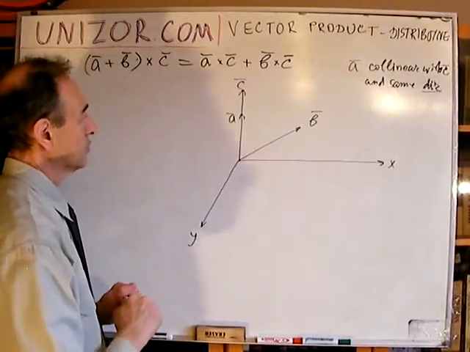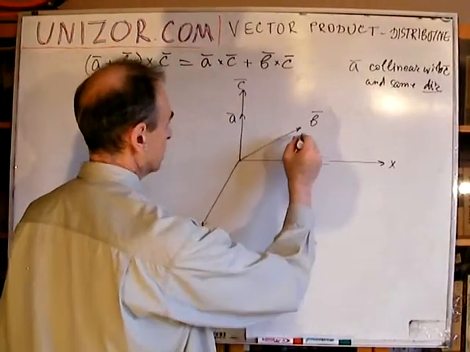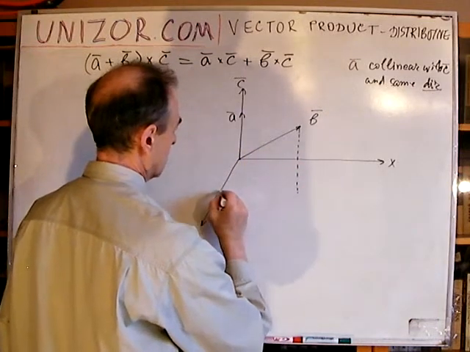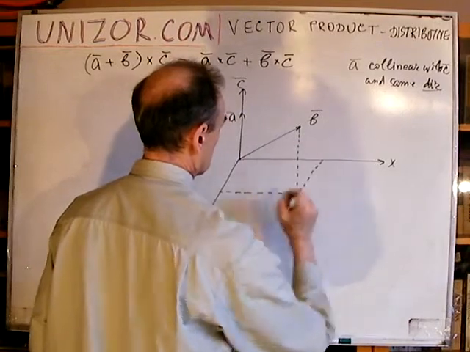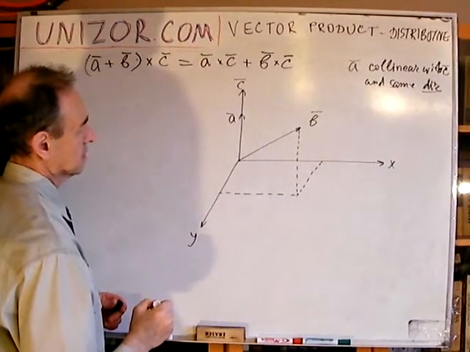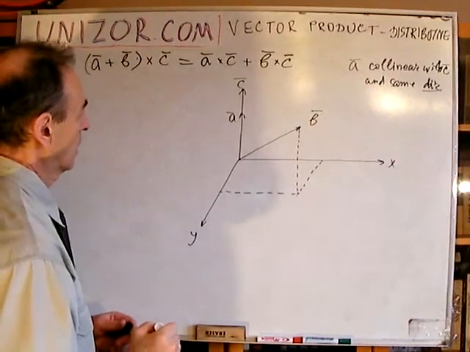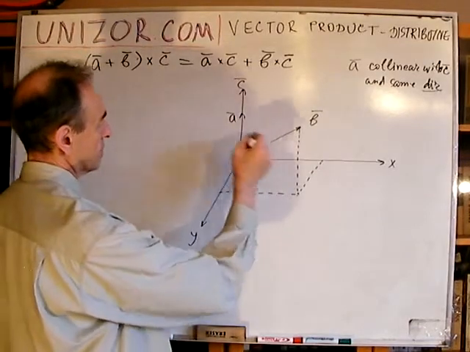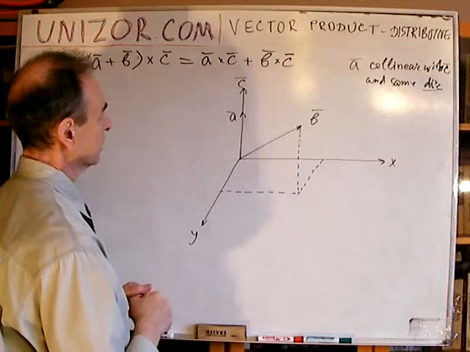Now, just to show the dimensionality of this, let me draw the projection of B on the xy plane. This is on the x, right? And somewhere there is a projection on the z-axis, but I don't really need it.